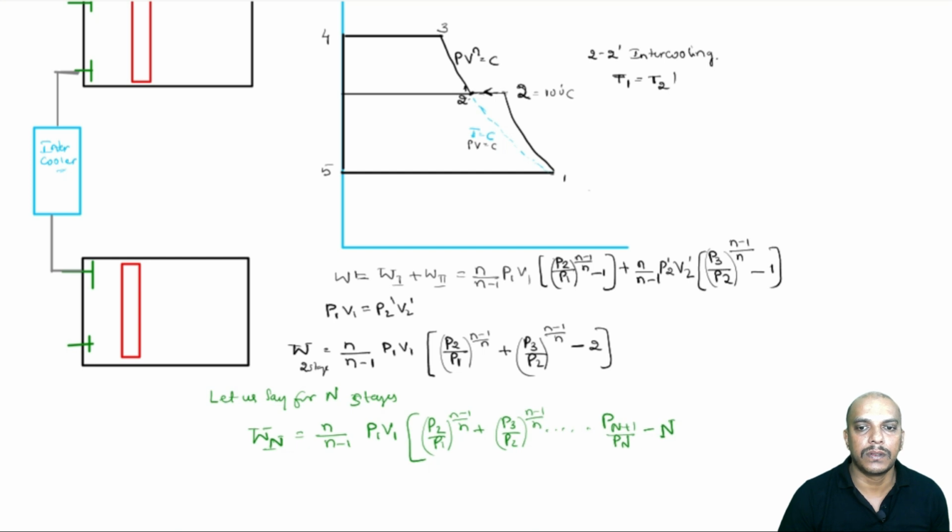If it is 3 stages it will be 3, so for n number of stages this will be n. So this is the general expression for work required for a multi-stage compressor with perfect intercooling. Let us see you in the next video. Thank you.